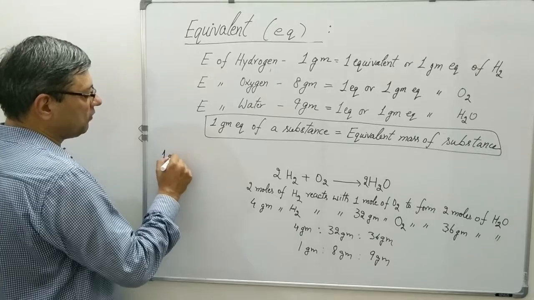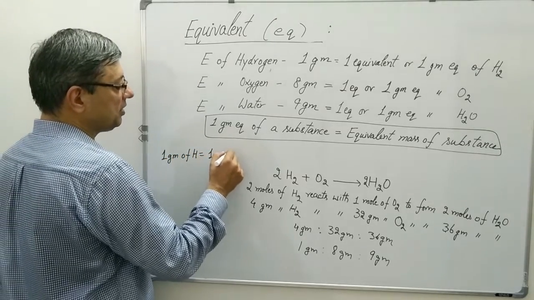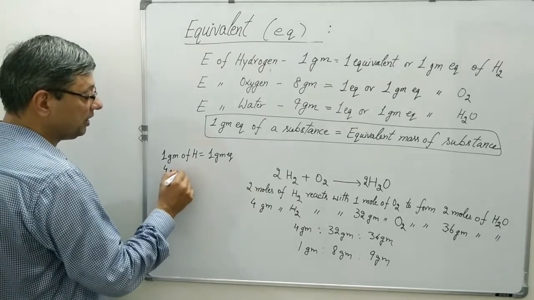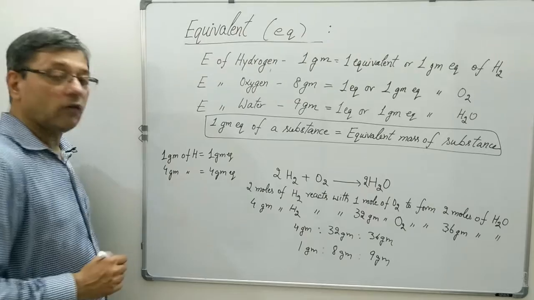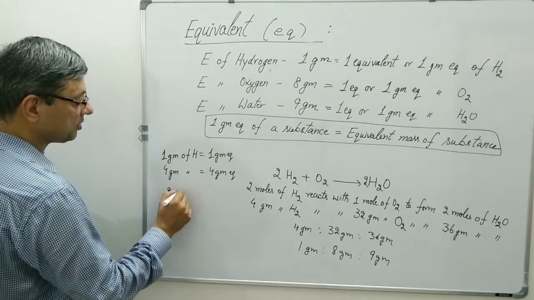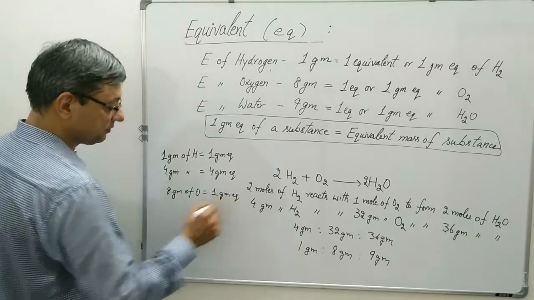1 gram of hydrogen we know is equal to 1 gram equivalent of hydrogen. Therefore, 4 grams of hydrogen will be equal to 4 gram equivalents of hydrogen. Similarly, for oxygen, we know 8 grams of oxygen is equal to 1 gram equivalent.